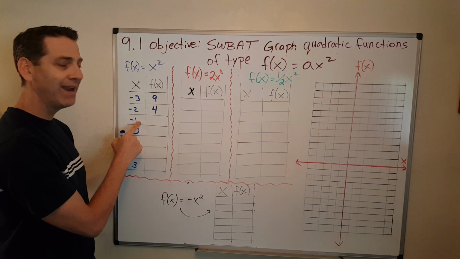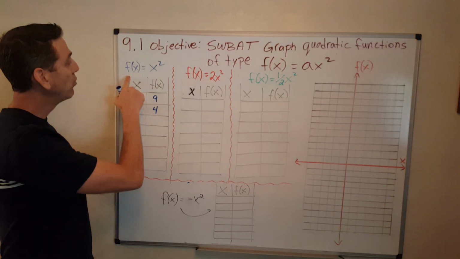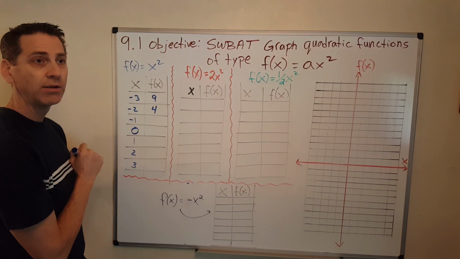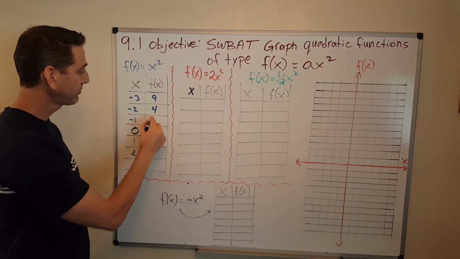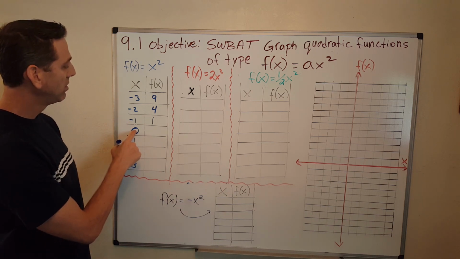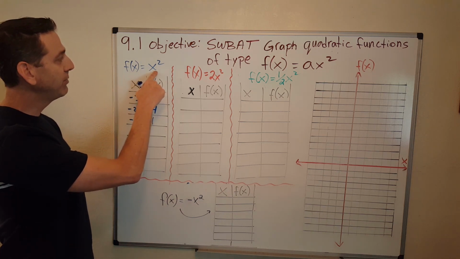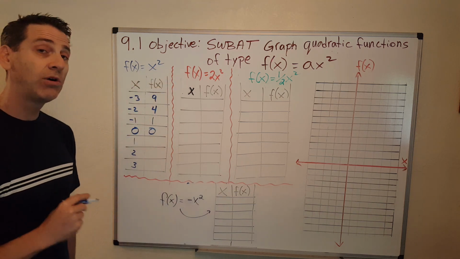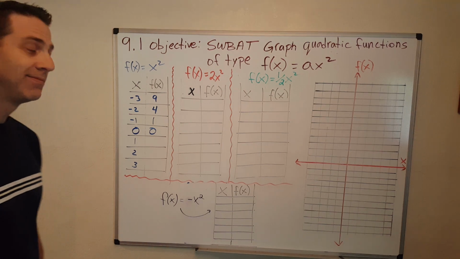At x equals -1, what does f of x equal? Well, f of x equals -1 squared, which is 1. And at x equals 0, f of x is going to be 0 squared, that's an easy one. f of x is also going to be 0.